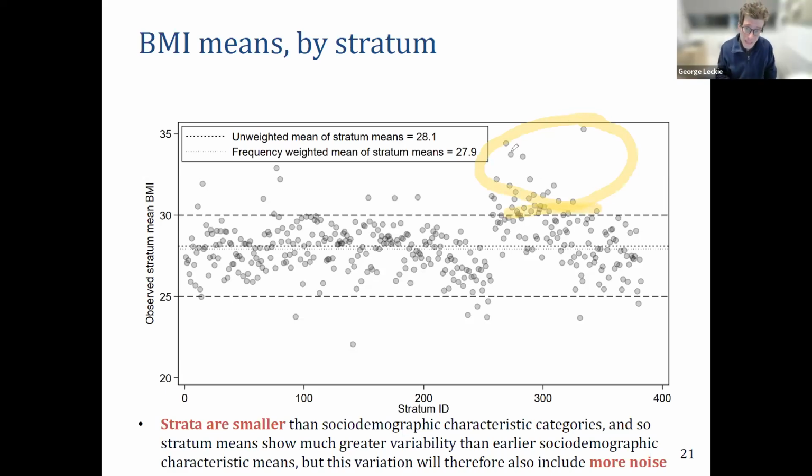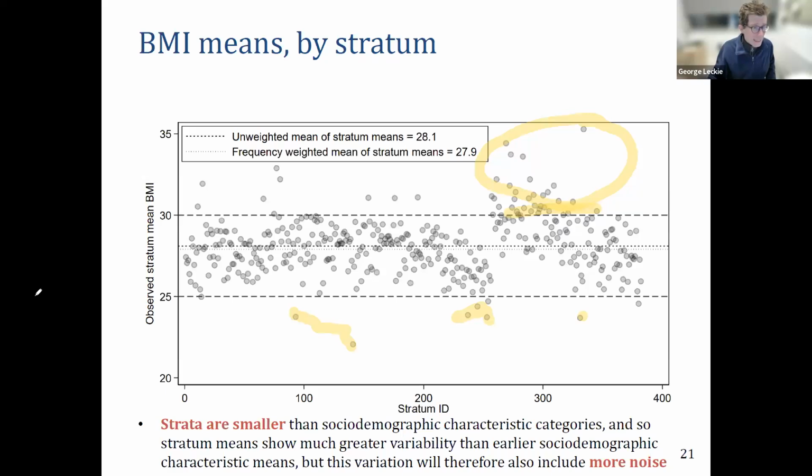Quite a few of those are Black women with various other characteristics. But then there are ones and twos down here, which are in the normal weight range, where 25 to 30 is overweight.